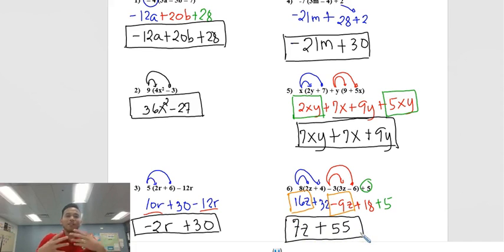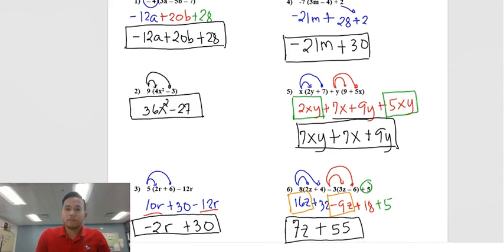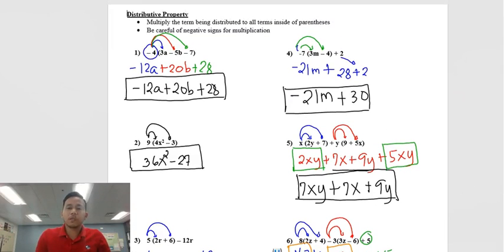So that is the process of combining like terms. Always remember, guys, the 2 rules that I put there that you have to remember. Multiply the terms being distributed to all the terms inside the parentheses, and be careful of the negative sign for multiplication.